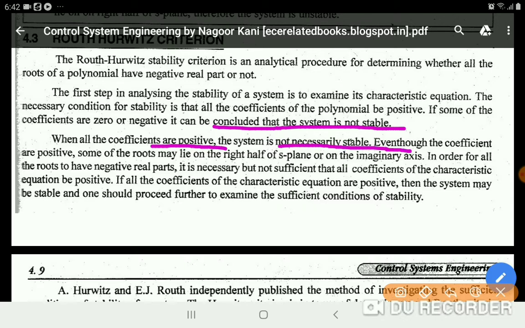Before I explain, once again I recollect the points. Even though the coefficients are positive, some of the roots may lie on the right half of the S-plane or on the imaginary axis.